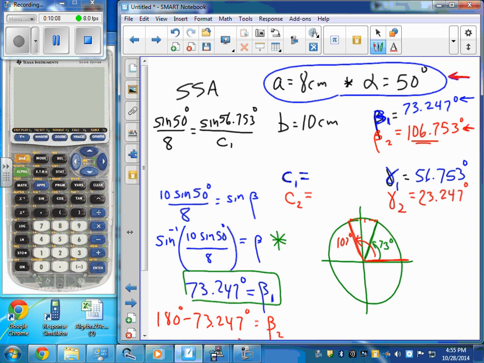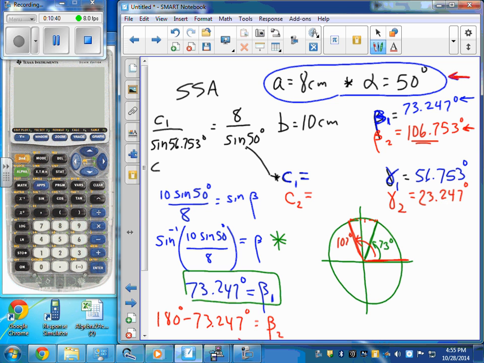Okay, so in hindsight, it may be better if we flip this over right at the beginning. Since I'm looking for a side here, it doesn't make sense to put the C1 in the denominator. Let's rewrite this so we have C1 in the numerator. So we're going to have C1 over the sine of its angle, 56.753 degrees, is going to be 8 over the sine of its angle, which is 50 degrees.